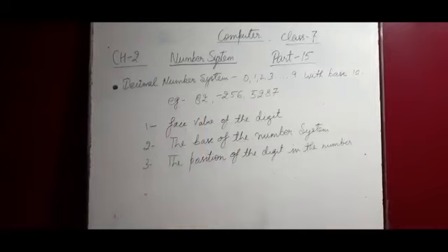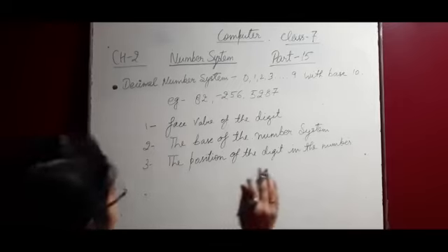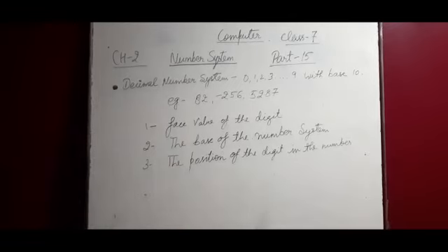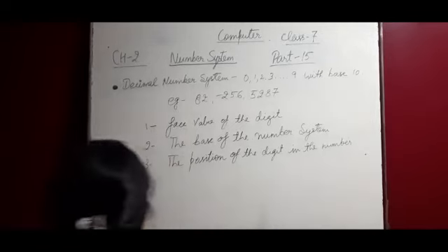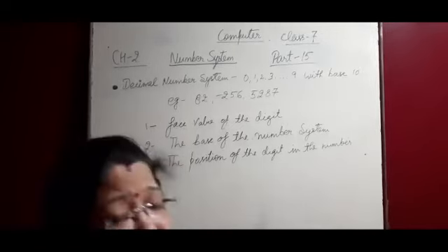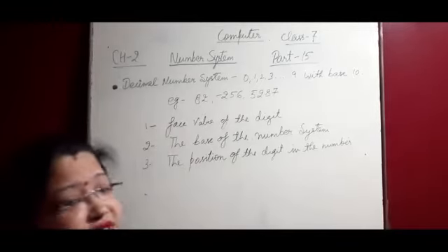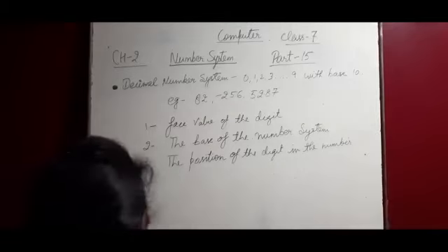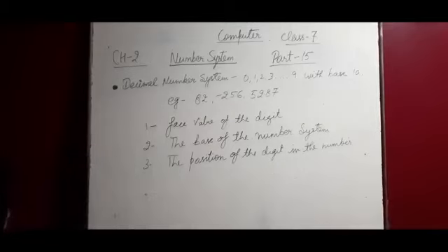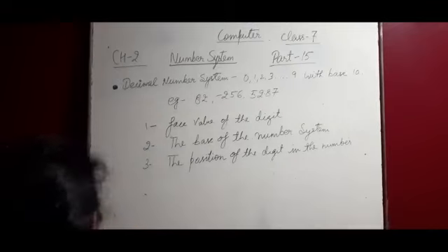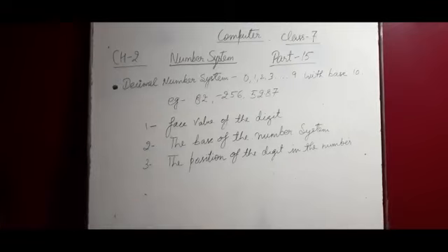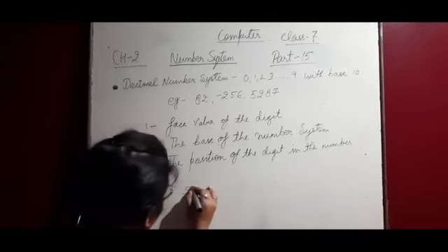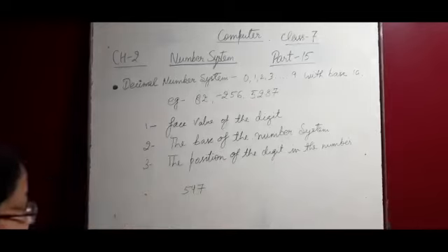Each position represents a specific power of the base 10, and the rightmost digit of a number is called the least significant digit. So there are two terms we have to remember: least significant digit and most significant digit. The rightmost digit is the least significant digit, and the leftmost digit is the most significant digit. I am giving you one example, 547. This is your number.